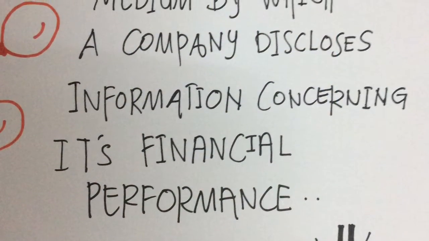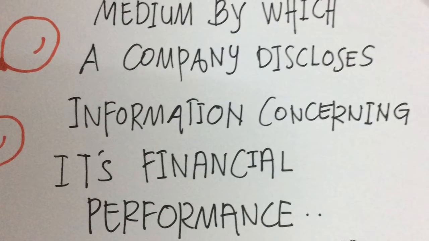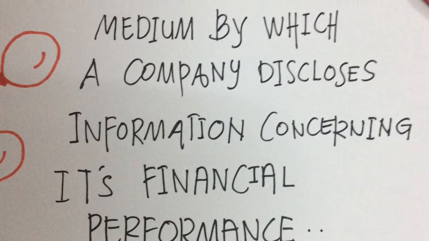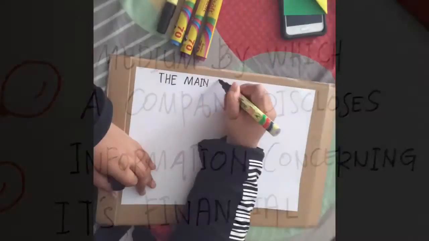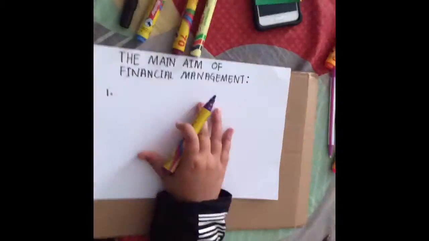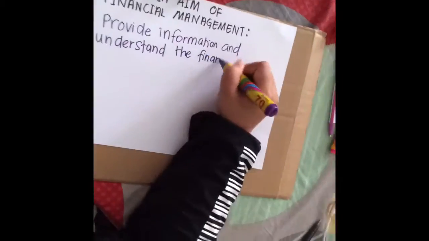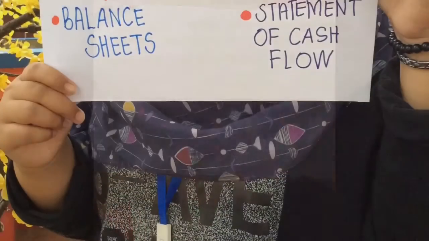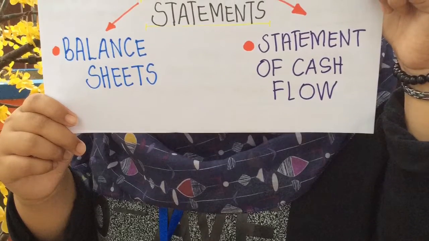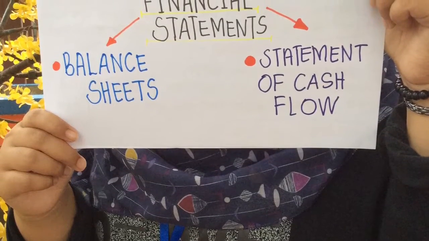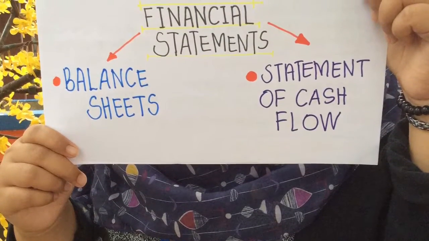Financial statement is a medium by which a company discloses information concerning its financial performance. There are three types of financial statements: income statements, balance sheets, and the last one is statement of cash flow.